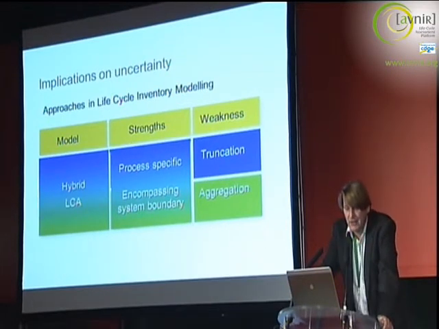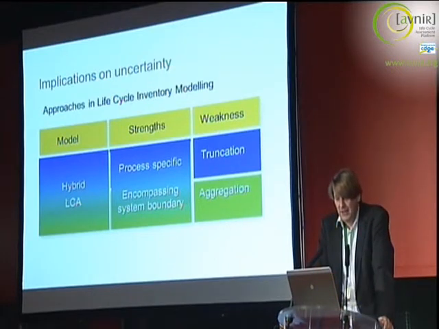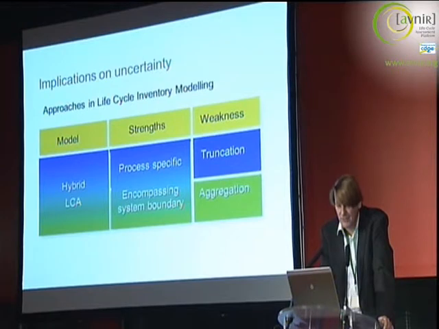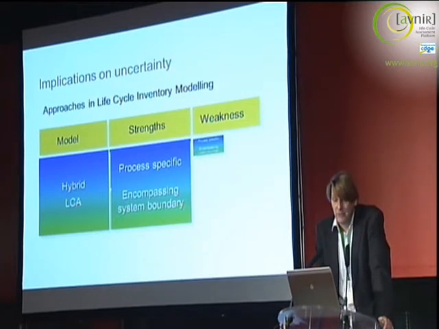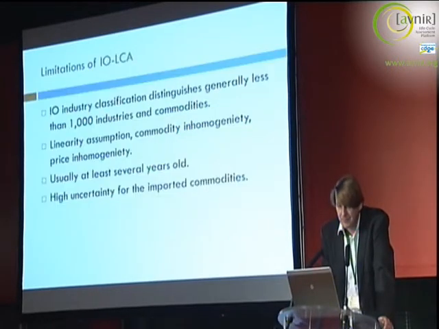That's why the idea of hybrid LCA was developed, which combines the strengths of the process-specific life cycle assessment and also the encompassing system boundaries, so that you try to minimize the weaknesses.